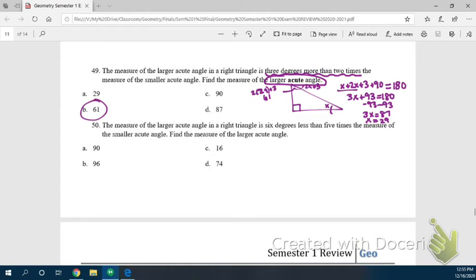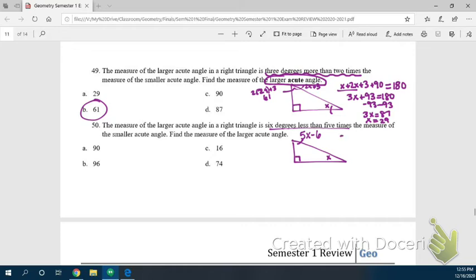The next one says we've got a triangle. It's a right triangle, so same setup here. One of them is always x. The other one is 6 degrees less than 5 times the measure. 5 times the measure is 5x, and 6 degrees less than that is going to be minus 6.